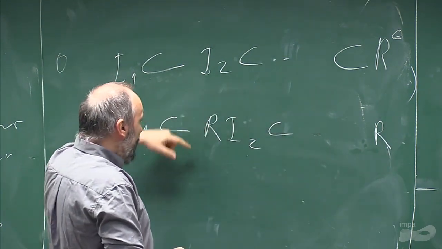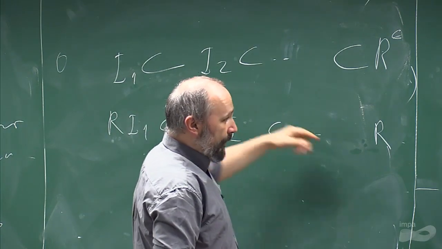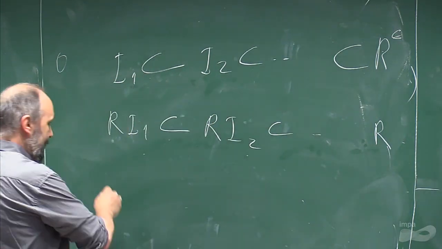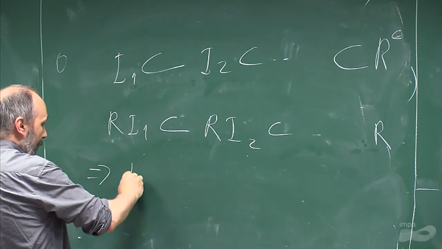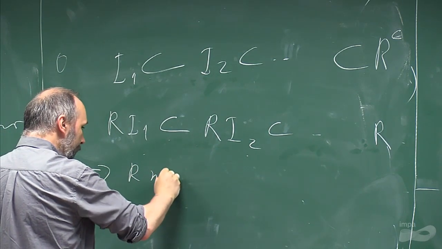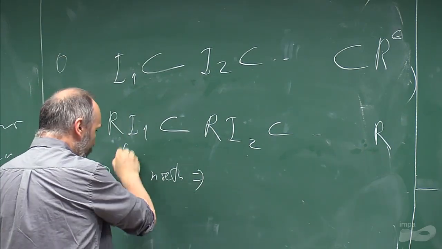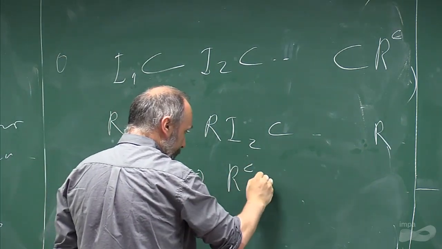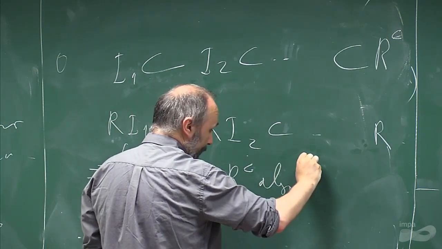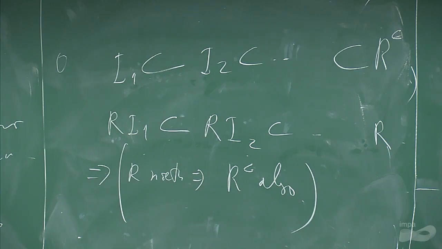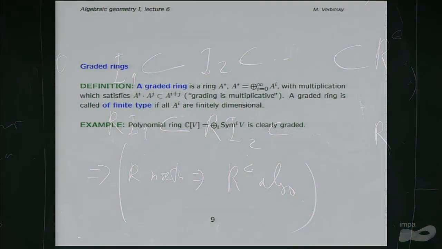But then you can recover the original chain by applying averaging. So if this stabilizes, this also stabilizes. Then R Noetherian implies that R^G is also Noetherian. Okay. Was I clear? We are done with noetherianity.